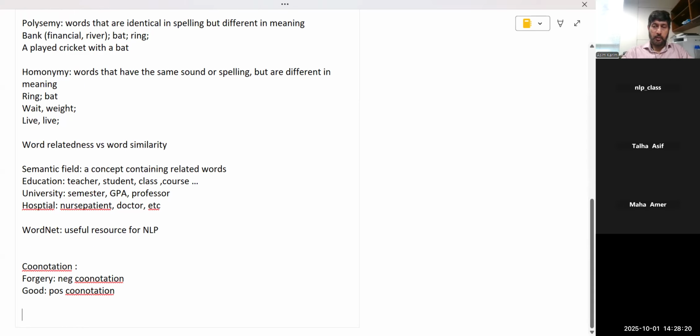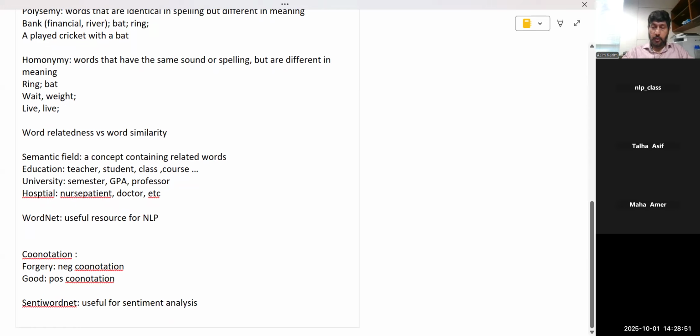And databases of sentiment and connotations are also available. For example, there is something called SentiWordNet. This WordNet has details on the connotations of words. It's a WordNet, but it has been augmented with connotation information useful for sentiment analysis. And of course, there are others as well.